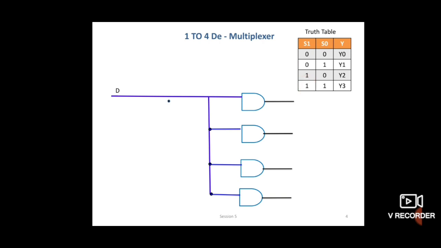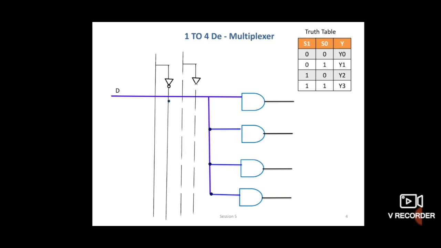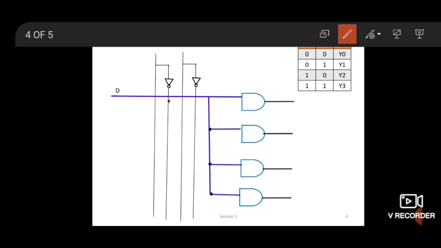First draw S1 and S0. These lines each indicate one input. See here, if 0 is passed, then after the NOT gate the output is 1.